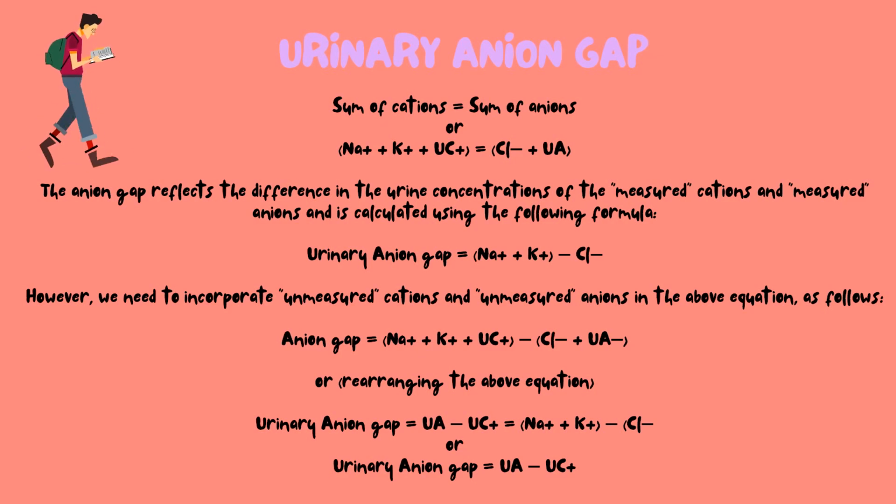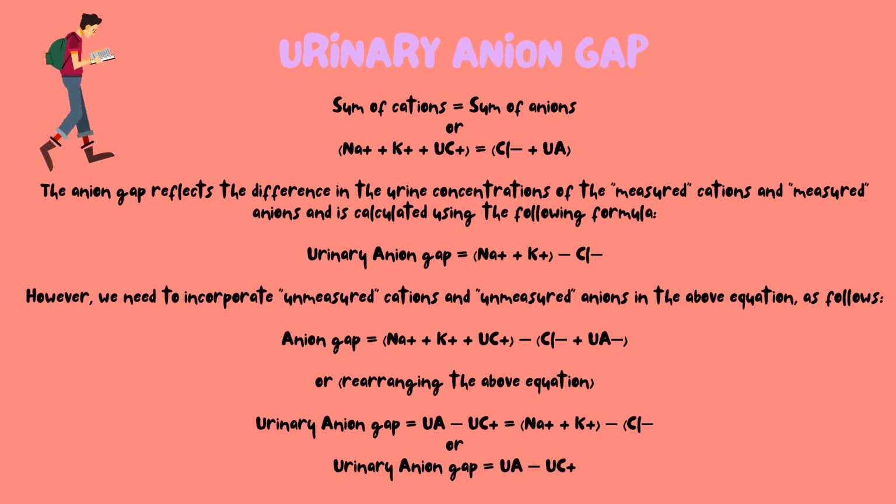You do have to remember that the component of unmeasured anions is much more than the component of unmeasured cations. If you look at it logically, it does make sense. The measured component of the cations is much more than the measured component of the anion chloride.